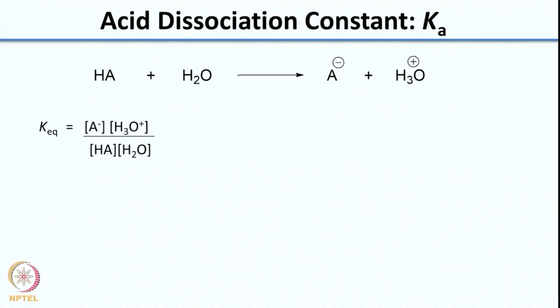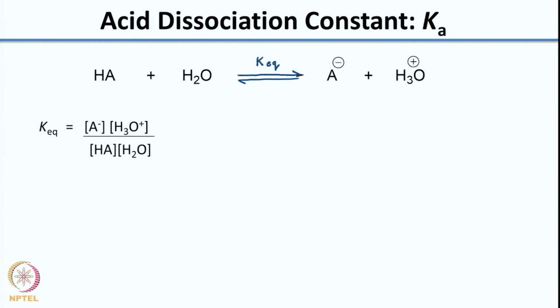So, let us look at the case where we are looking at the dissociation in water. Again, the arrow that you have to use is the equilibrium arrow, and the equilibrium constant for this is given by Keq. So, now Keq would be given by A minus times H3O plus, which is your product, divided by HA times concentration of water. Now, water is the solvent, so typically water is in large excess.